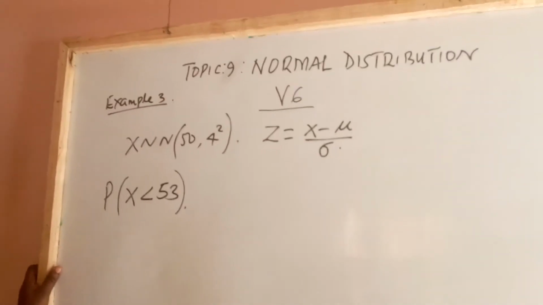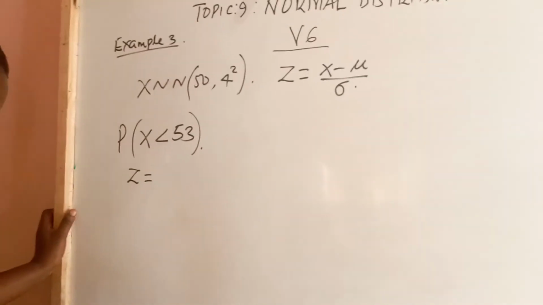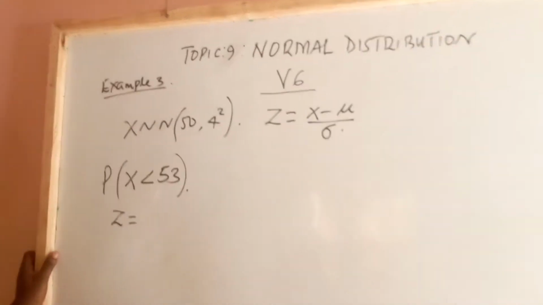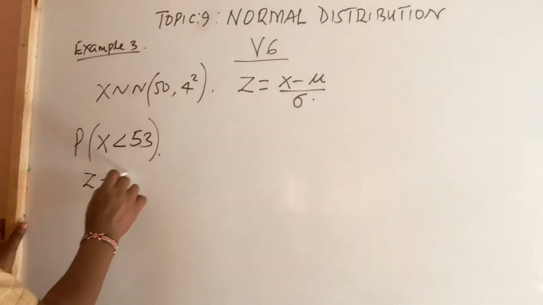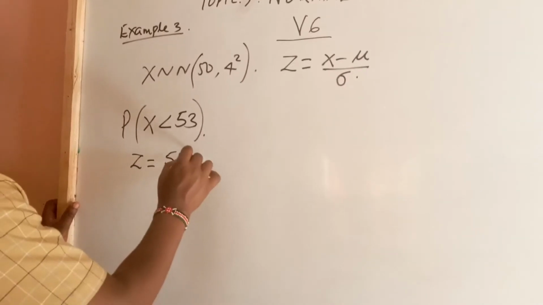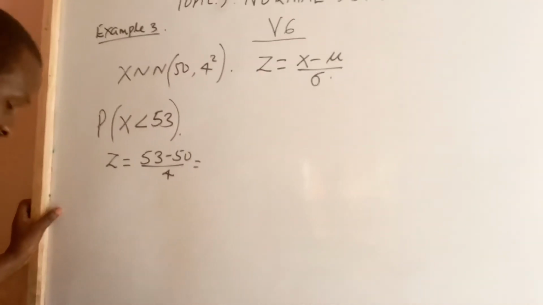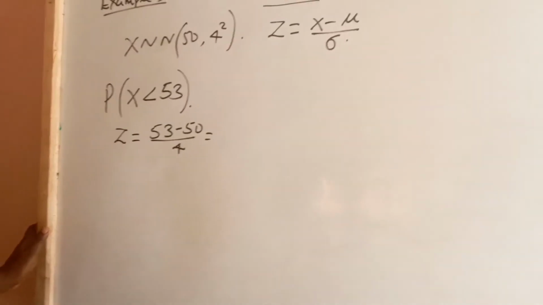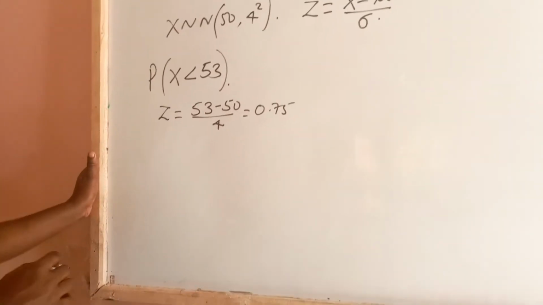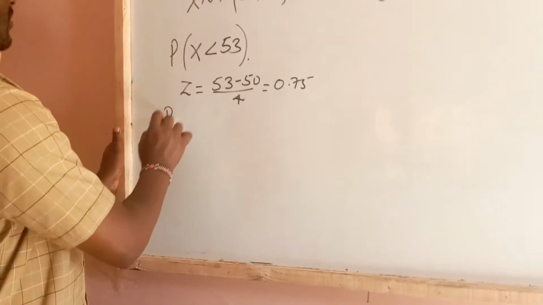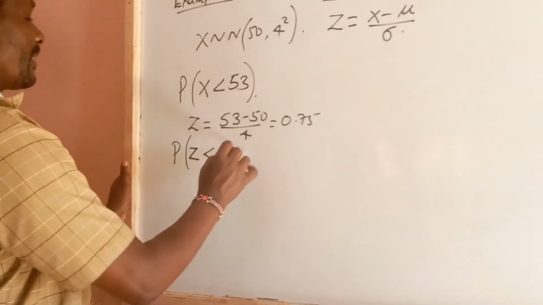In this case, our z is going to be given by 53 minus 50 over 4. This is 3 over 4, 0.75. So our probability, now that we have z, is going to be Z less than 0.75.